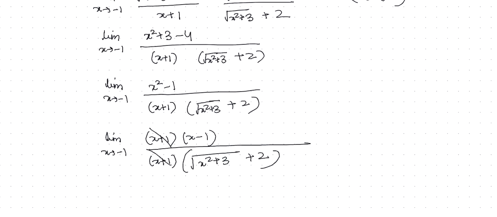Now if we put minus 1, this would be minus 1 minus 1. This would be square root of 1 plus 3 plus 2, which will give minus 2 over 4, and this would be minus half.